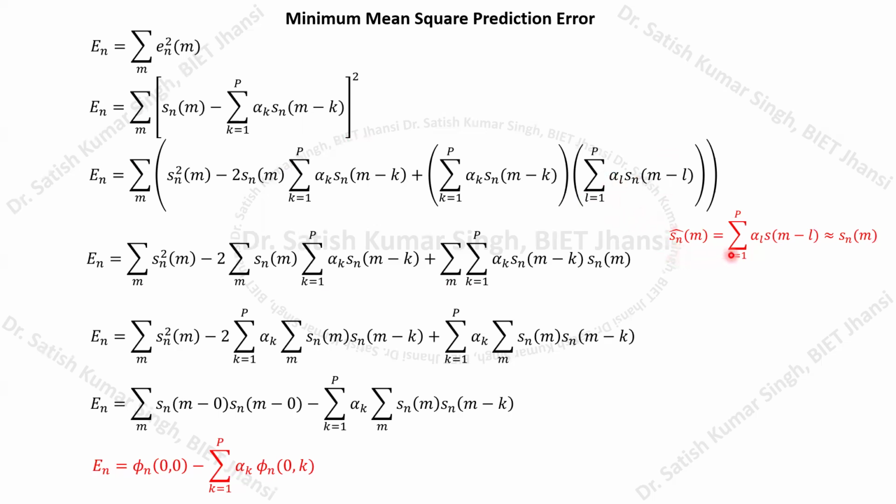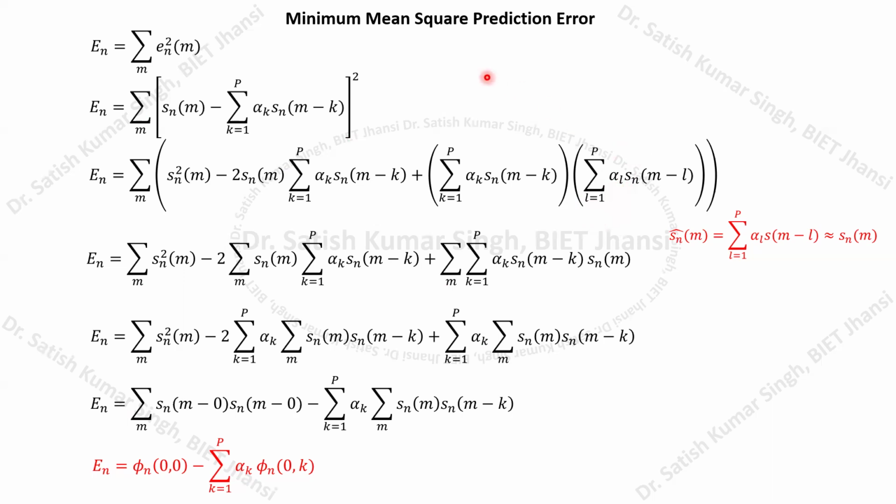Whatever the speech sequence, for that particular speech sample this equation will give you the predicted sample of the actual speech. So this equation is nothing but the estimation, or the prediction, of your actual speech sample, because the values of alpha l we are substituting here correspond to those values of alpha l which minimize the error.